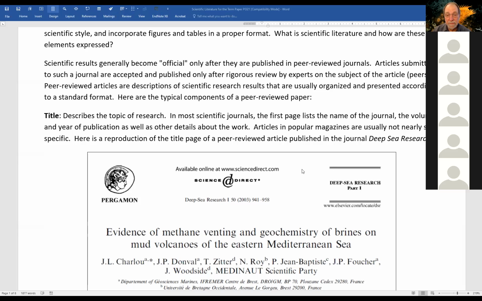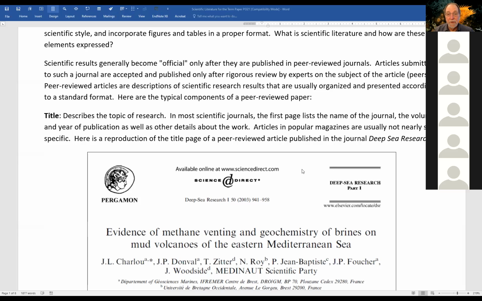And that manuscript is then reviewed by experts in the subject and the peers of the scientists. And peer-reviewed articles are descriptions of scientific results that are organized and presented according to this general format.